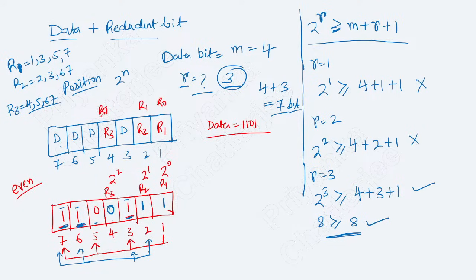Got it? Yes. Is that clear now? How is it working? Is it clear to everyone? How to put the value?